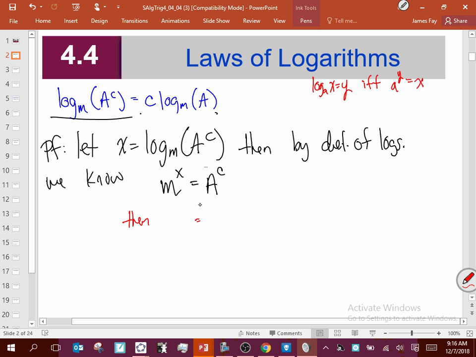So I take the cth root, so I raise it to the 1 over c. So I'm going to rewrite this as a to the c raised to the 1 over c. Now, if I'm going to do that to the right-hand side, I have to do it to the left-hand side, right? I have to keep the equation balanced, right?